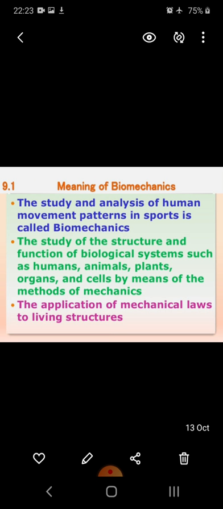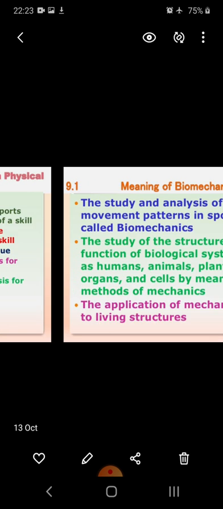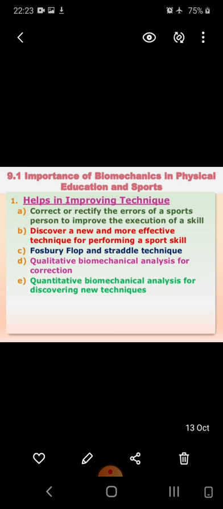This study of the body looks at the internal and the external forces that act on the body and the movement that these forces produce. So, this is all about the meaning and definition of biomechanics. Now, we will discuss some importance.